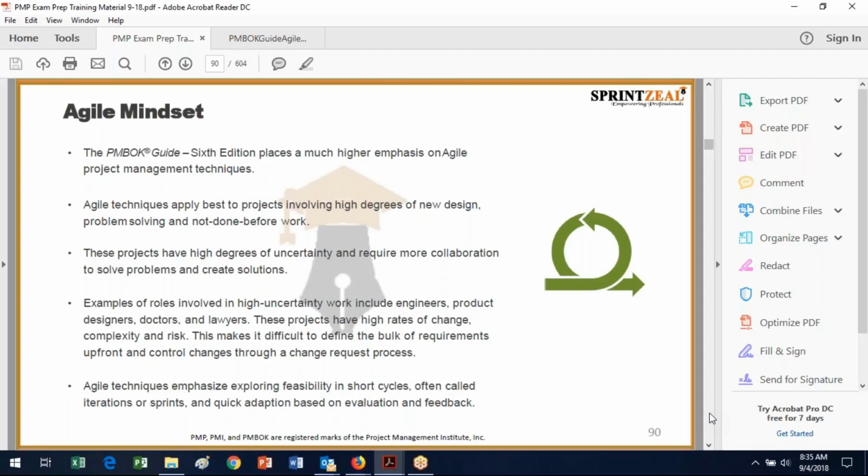But again, Agile has a higher degree of uncertainty, and so you've got a lot more potential for following a path that's maybe not successful. So again, it emphasizes short cycles, often called iterations or sprints, and quick adaptation based on evaluation and feedback, so you don't go too far down a path that is not productive.